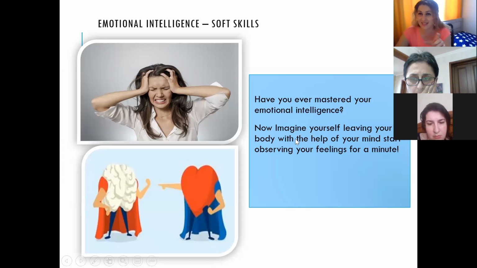And here is a kind of instruction on how to master it. You have to imagine that your mind leaves your body just for a while, and then you start looking down at your feelings, what you feel. For example, how you felt during the pandemic, before it.